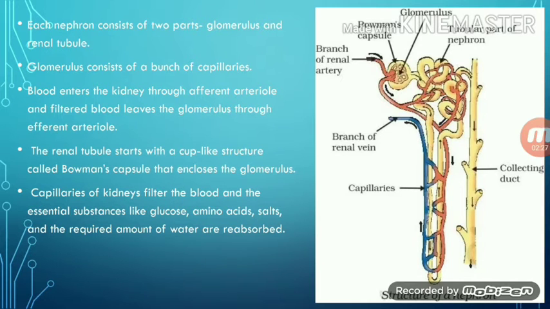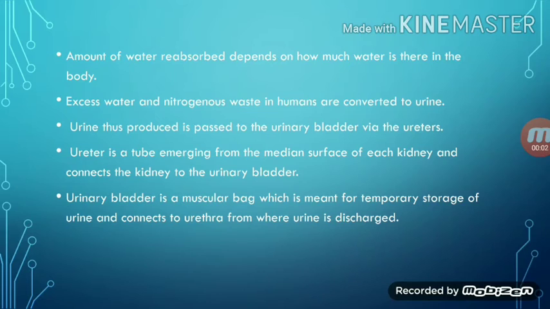See in the diagram very carefully. The amount of water reabsorbed depends on how much water is there in the body. How much water should be reabsorbed from the filtered part is decided by our body.